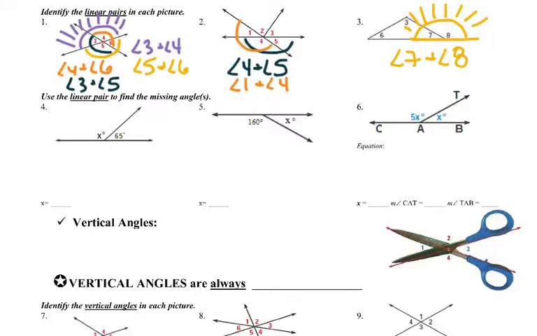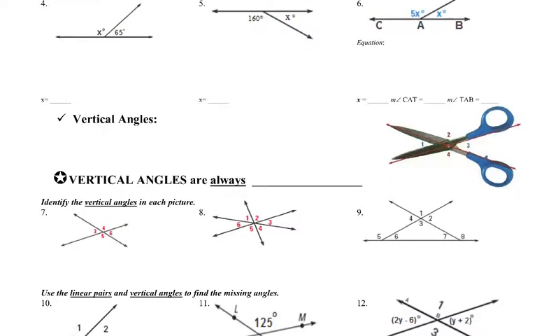So now we're going to look at some where we've got to find the missing angles. And you might be able to do this in your head. I always like to write an equation: x plus 65 equals 180, and subtract 65 to get 115. But you might be able to just do that in your head or on a calculator, and that would be fine.